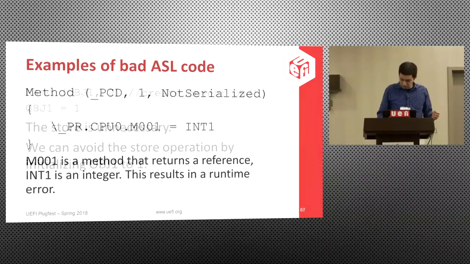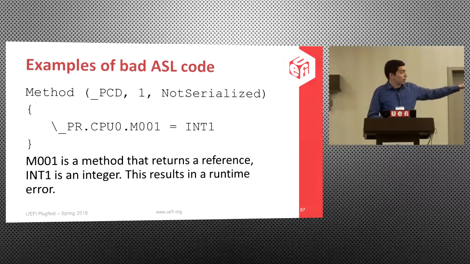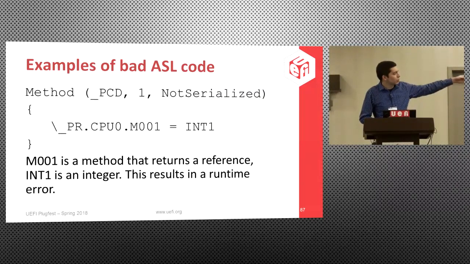This is more of a stylistic point of view, but I have seen this kind of code out there. The second is that, let's say that we have this method called _PCD. M001 is a method that returns a reference, and we are trying to assign the value into one. This actually results in a runtime error when we run the method _PCD.